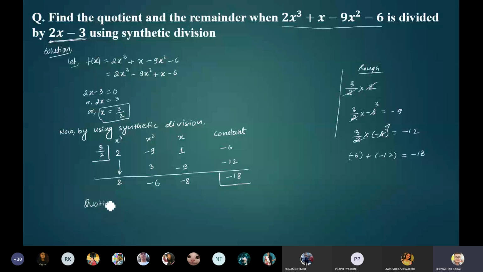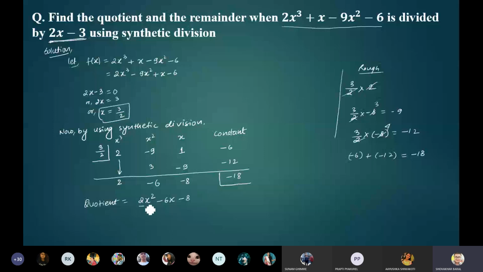Okay, so let me write the quotient and the remainder. See here, I told you earlier, if there is any term in the denominator, then you need to divide the whole quotient that you get from here. Let me write the quotient first: 2x square minus 6x minus 8.